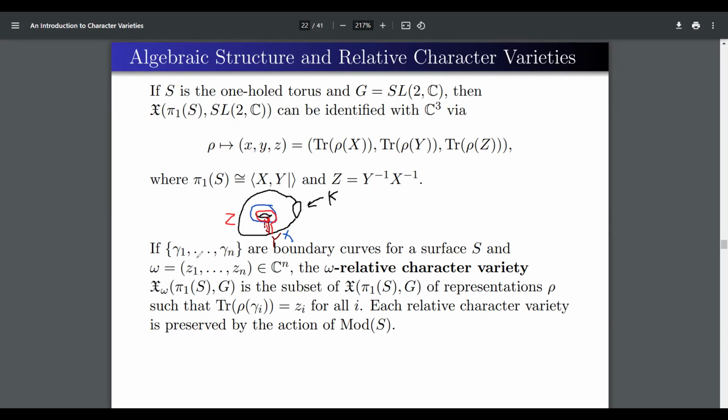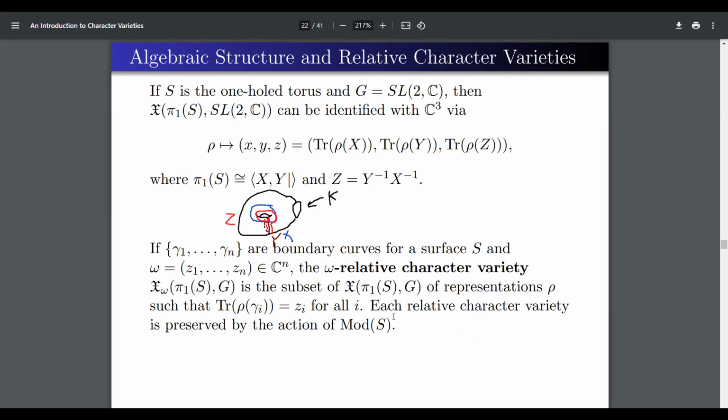But in a more general case, if we have n boundary curves for a surface S and some n-tuple of complex numbers, that we call omega, the omega-relative character variety from pi1 of S to G is the subset of the character variety of representations such that the trace of rho of gamma i equals z_i for each i, which is to say the trace of the representation of the boundary curves is fixed. The boundary curves have a fixed trace associated to them.